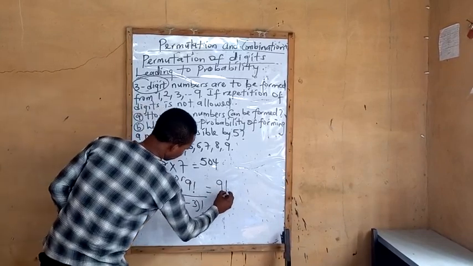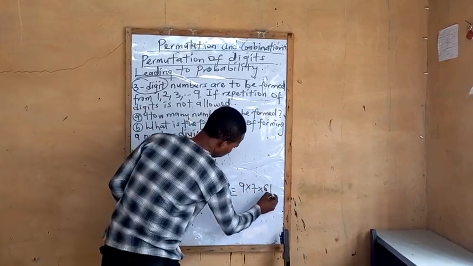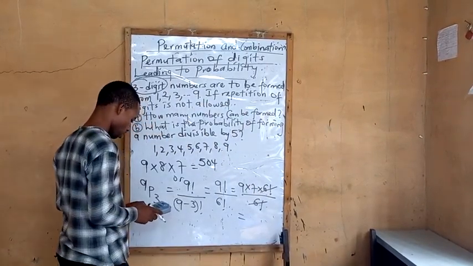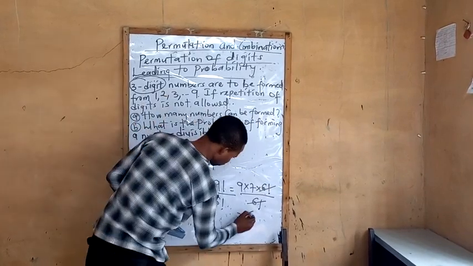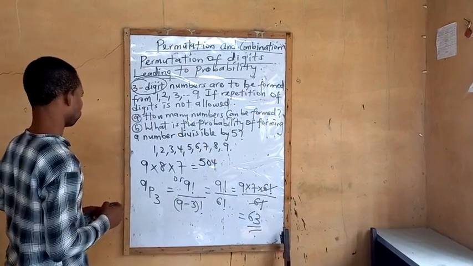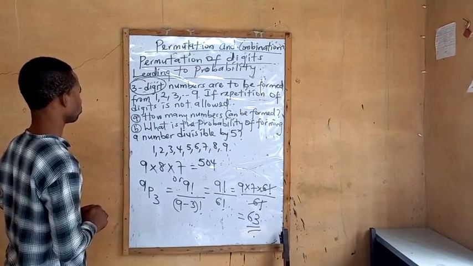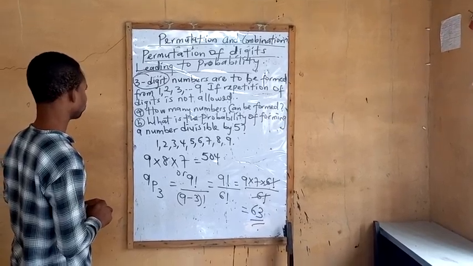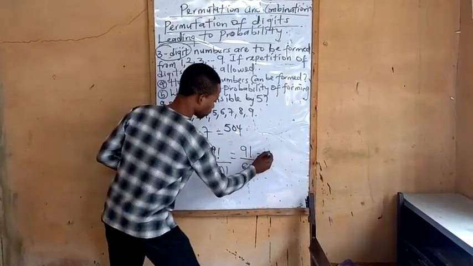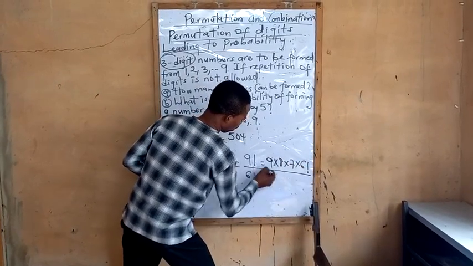That is 9 factorial all over 6 factorial, which is 9 times 8 times 7 times 6 factorial all over 6 factorial.